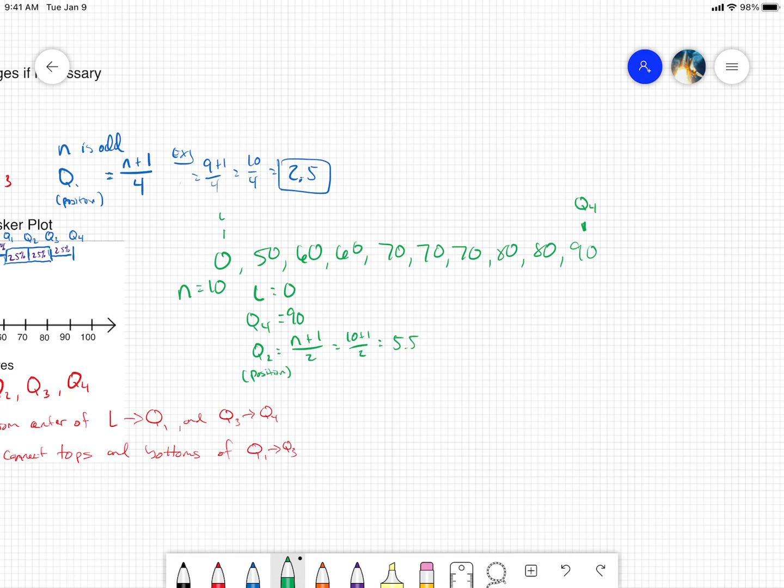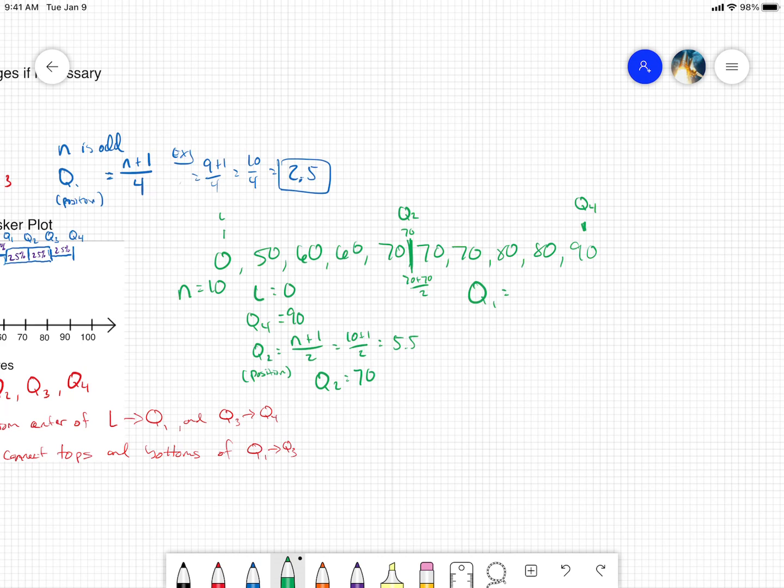So I'm going to go 1, 2, 3, 4, 5.5, right? And this is going to be the average between these two values, which in this case is 70 plus 70 over 2, which is equal to 70. Our Q2 is now 70, okay?